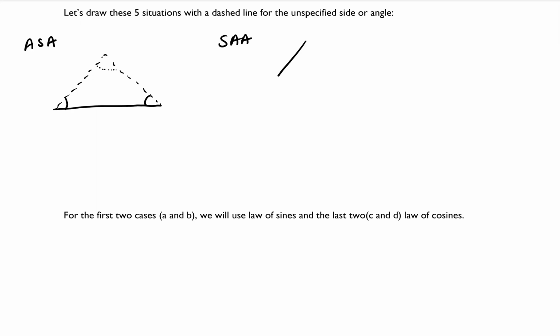That's going to look like this, where we know one side, we know an angle, and then we know this angle. The third case was side-side angle, and that looks like this.